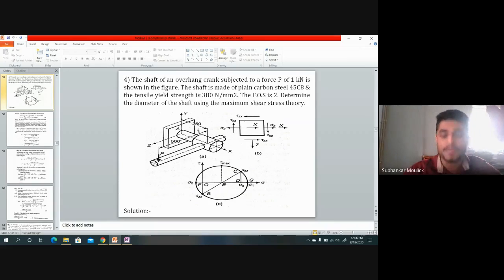That means in this problem, bending is also happening as well as torsion is also happening. In the last problem, only bending and tension was happening. क्या ये बात समझ में आया? कोई डाउट है?